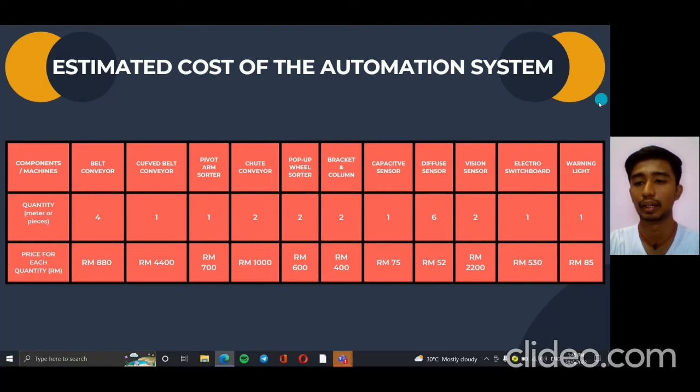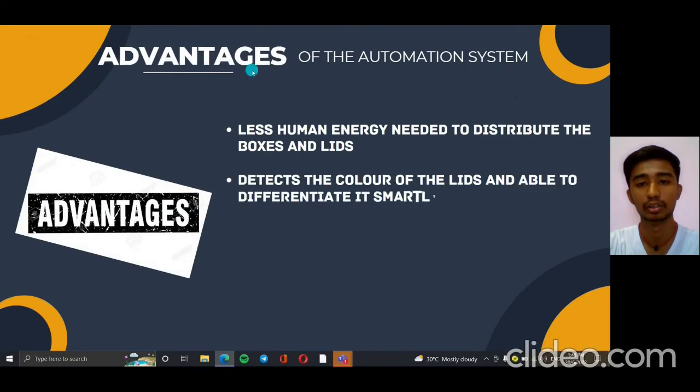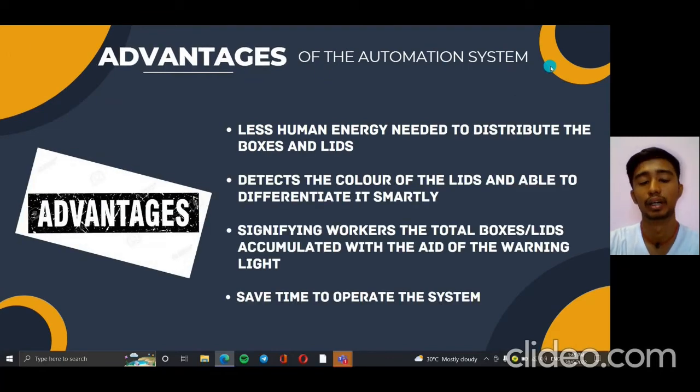Next, let me look at the advantages of the automation system. There are 4 main advantages. First of all, less human energy is needed to distribute the boxes and leads. So the first advantage of our automation system is that less human energy will be needed to distribute the boxes and leads.